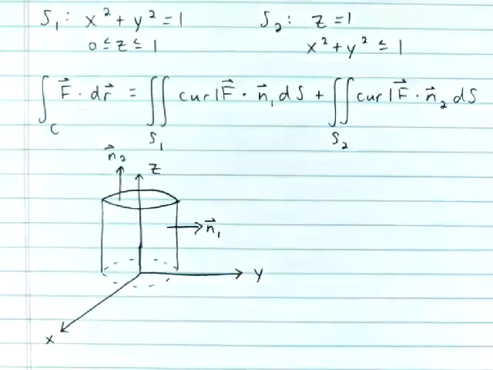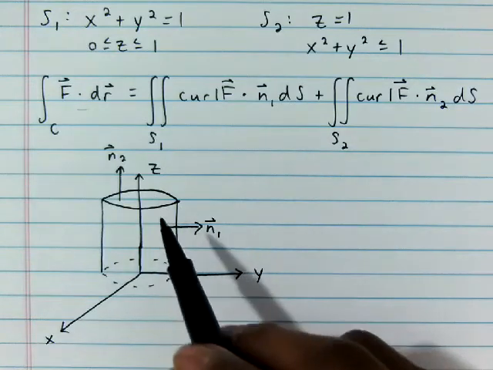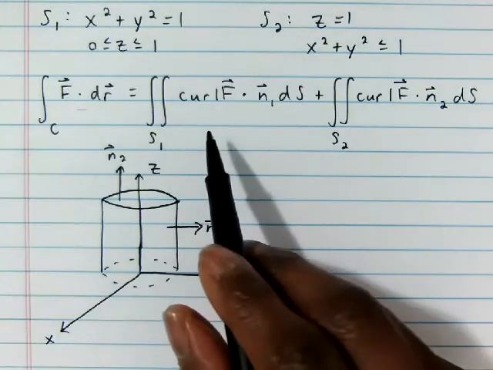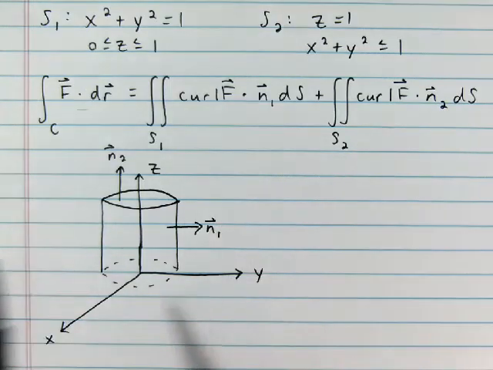So that's the surface that we have there. It's just a combination of these two surfaces. So we need to evaluate both of these surface integrals and add them together.